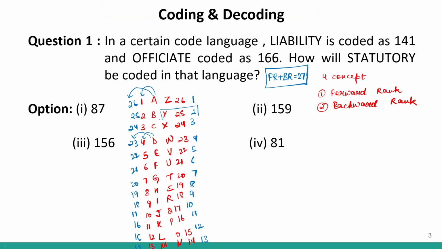If you look at Y, we have 25 plus 2, which is equal to 27. Similarly, for U, we have 21 plus 6, which is equal to 27. Take any random letter, for example, I. I's forward rank is 9, backward rank is 18, and the sum is equal to 27. So this is another concept for forward rank and backward rank.